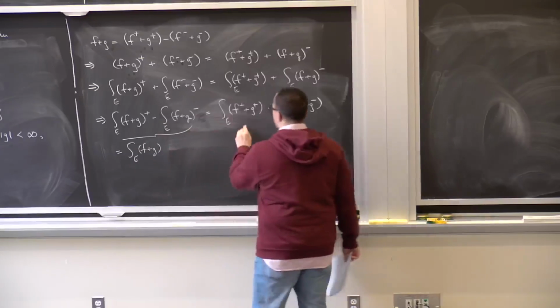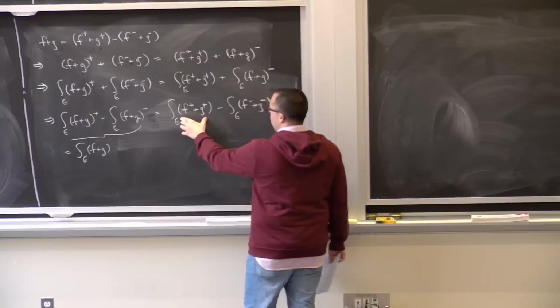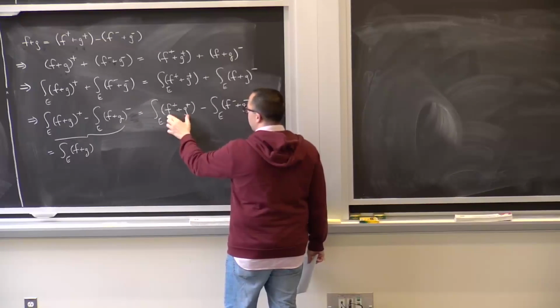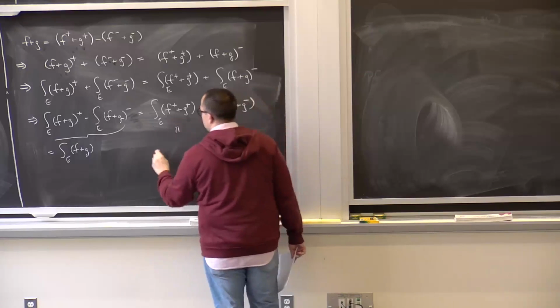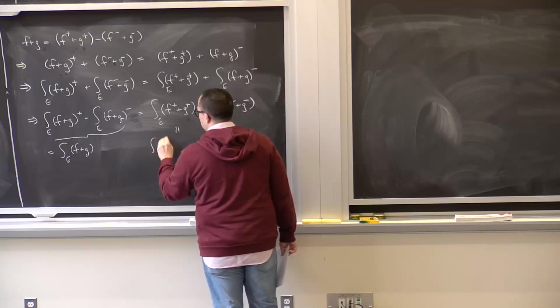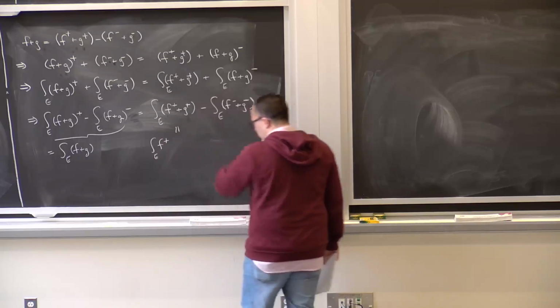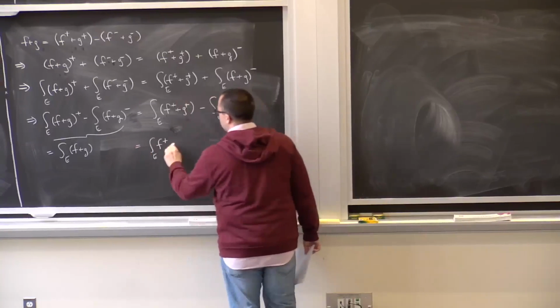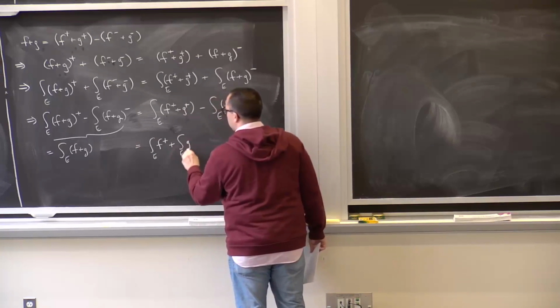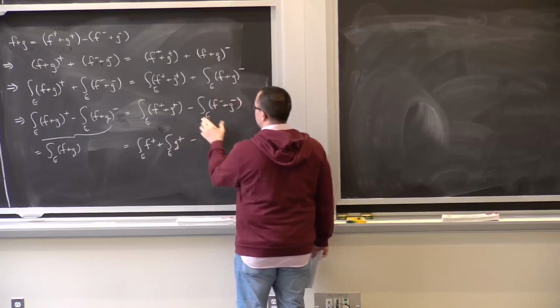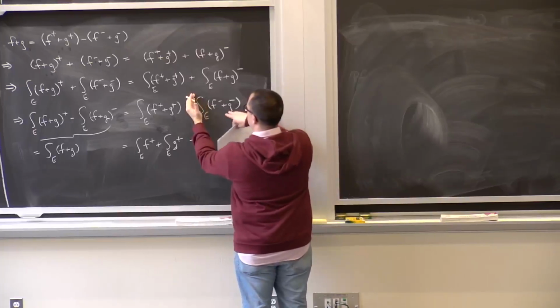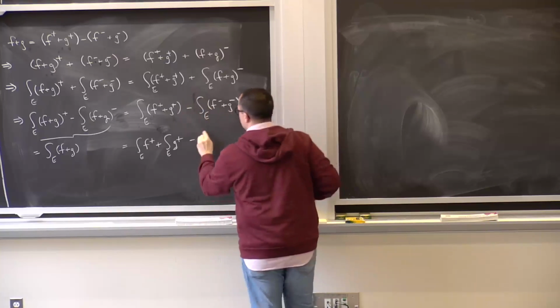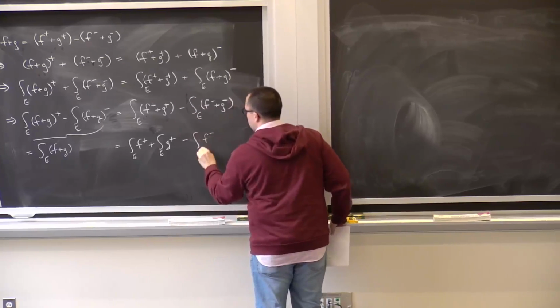And this thing over here, again, if we use linearity for the integrals of non-negative functions, this is equal to the integral over E of f plus the integral over E of g plus minus, and again, just expanding this and then carrying through the minus f minus.